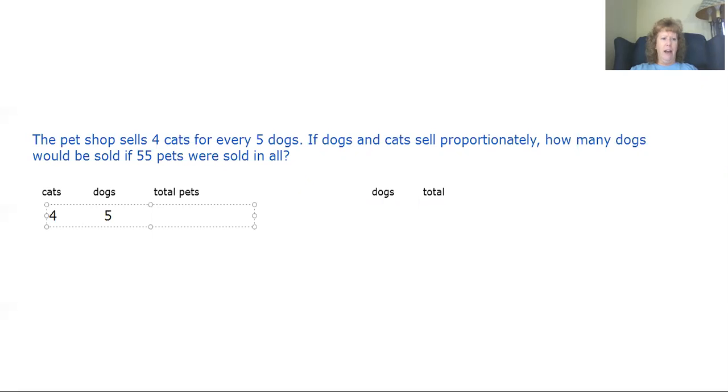If I have 5 dogs and 4 cats, that gives me 9 total pets. If I'm comparing the amount of dogs to total pets, that would be 5 to 9. And then in the problem, how many dogs would be sold if 55 total pets were sold.